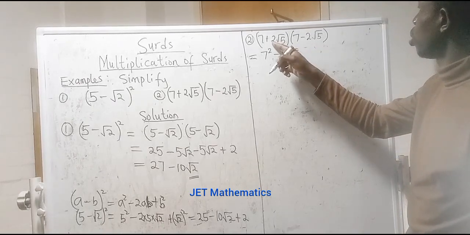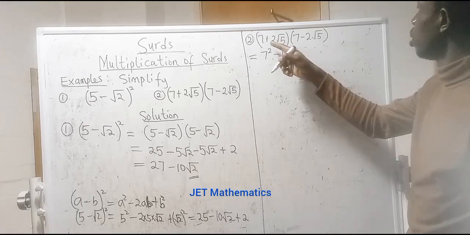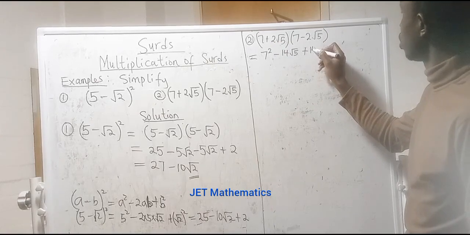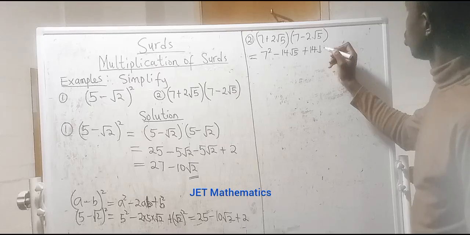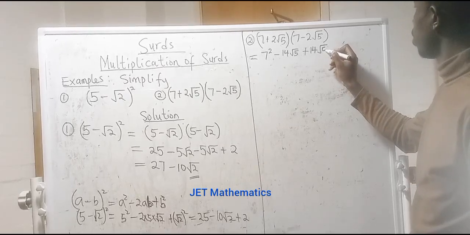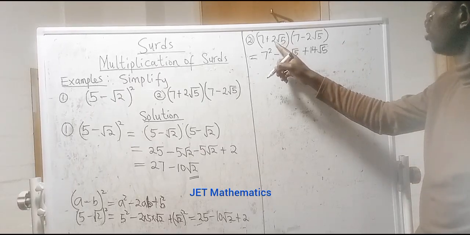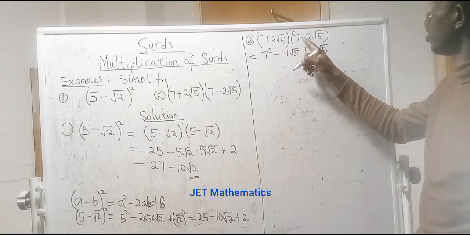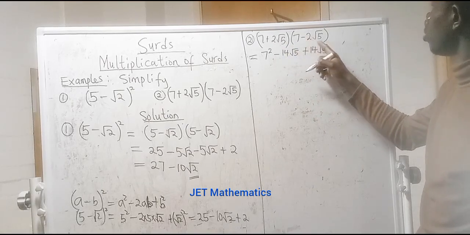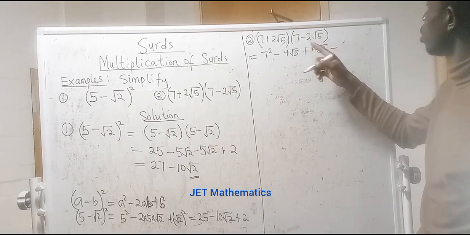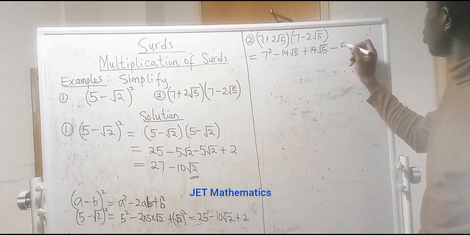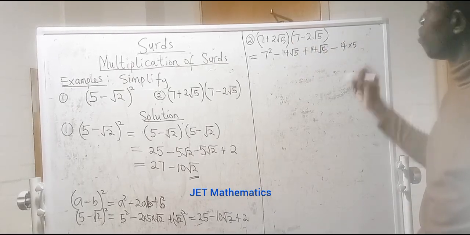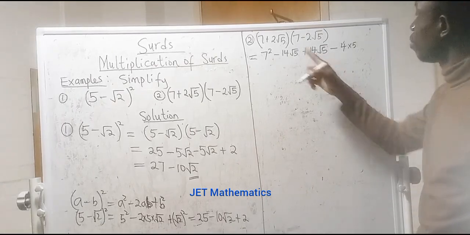Also, plus 2 root 5 multiplies everything here, so plus 2 root 5 times 7 gives us plus 14 root 5, and then plus 2 root 5 times minus 2 root 5 gives us minus 2 times 2 is 4, and root 5 times root 5 is 5.